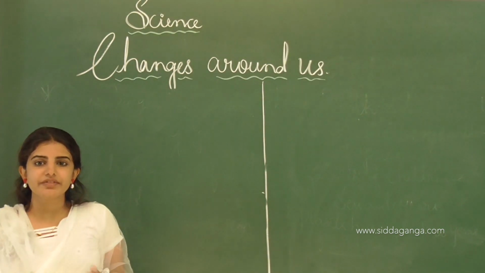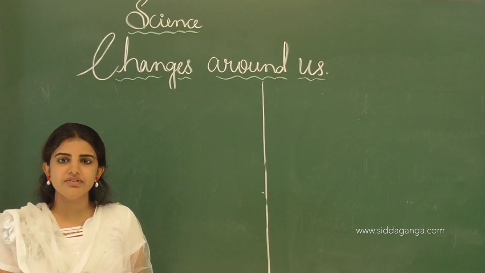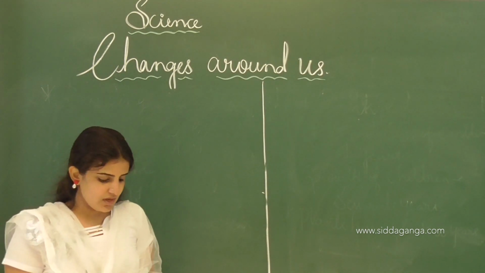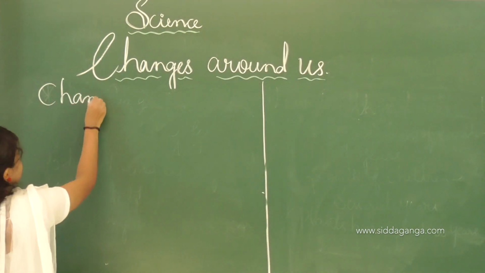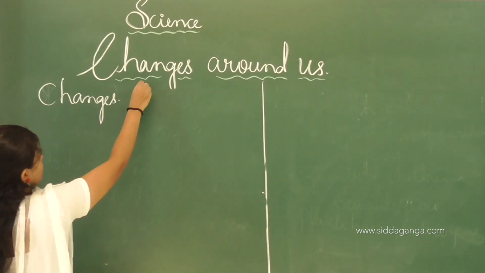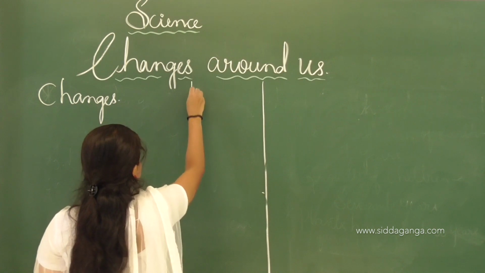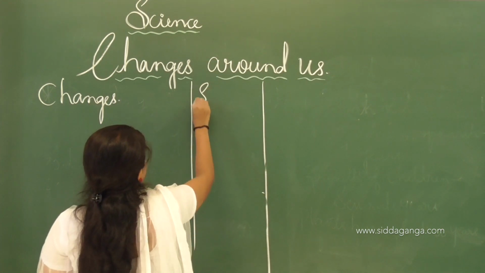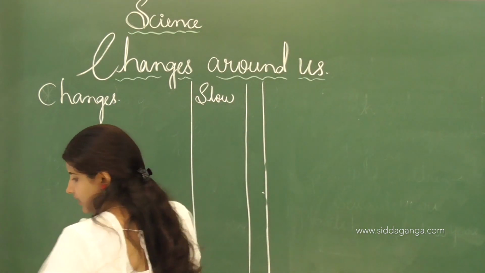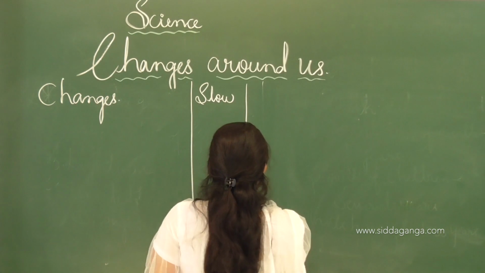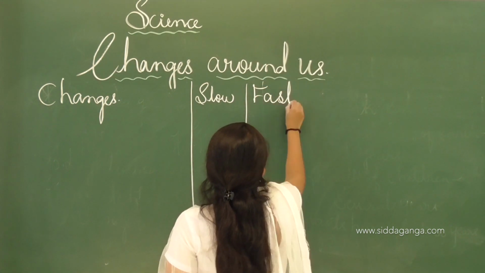By classifying the different objects and different changes on the basis of slow and fast changes. See, one by one I will write on the board. Changes, slow and fast.